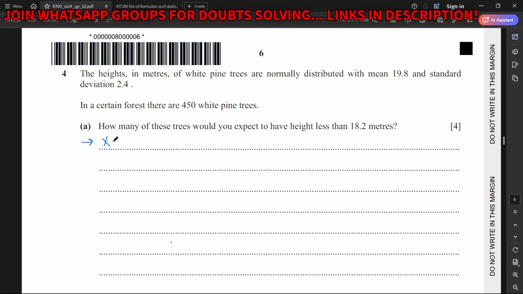So for this, I'll have a random variable that I'll be defining for my x. It is the height of randomly selected white pine tree in meters.